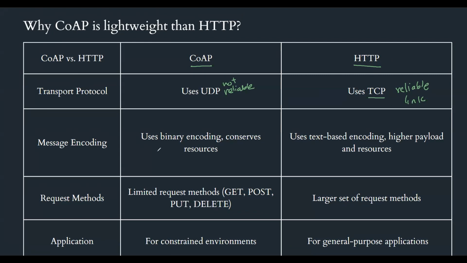However, once we are doing the message encoding, CoAP is using binary encoding of the messages, which conserves resources. However, HTTP is using text-based encoding, and therefore it uses a higher payload and more resources to encode the data it is sending, and therefore it is not that suitable for IoT applications, right?